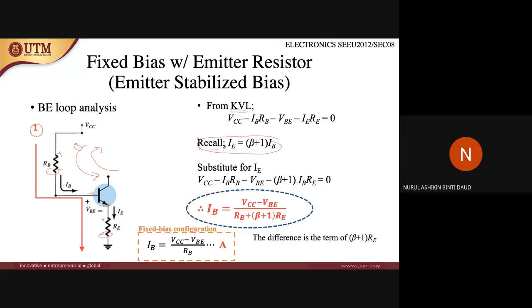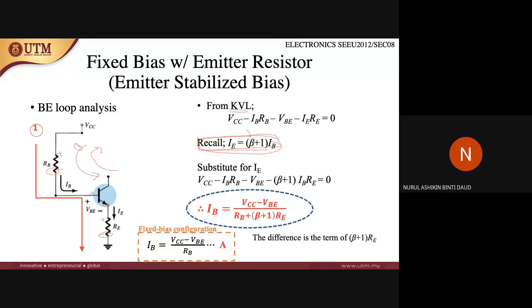This is the current at the emitter. Beta is usually given, times the value of current IB.